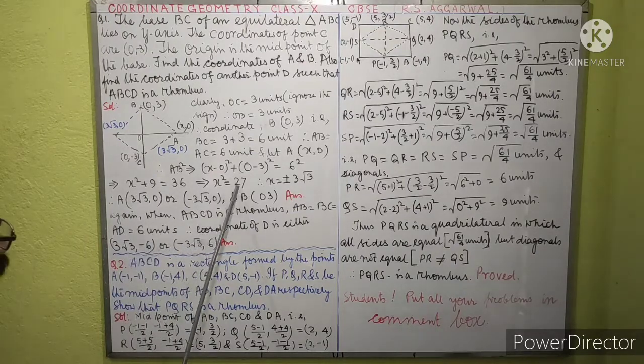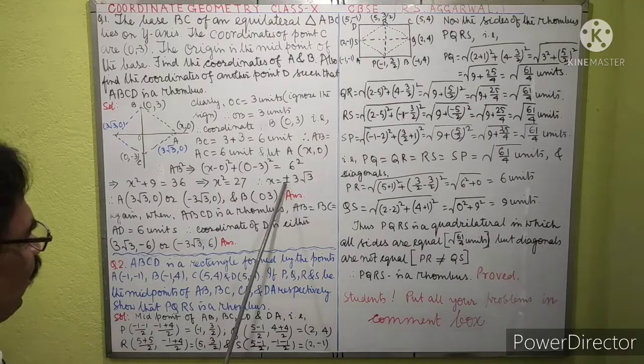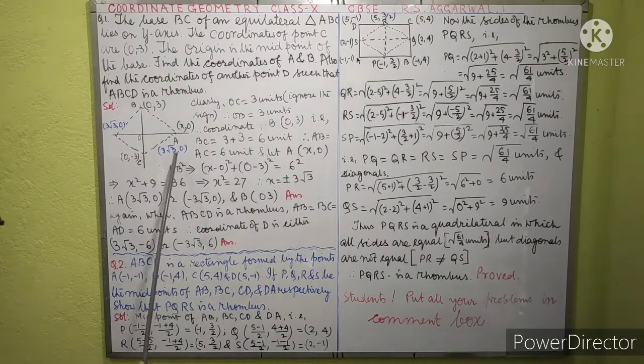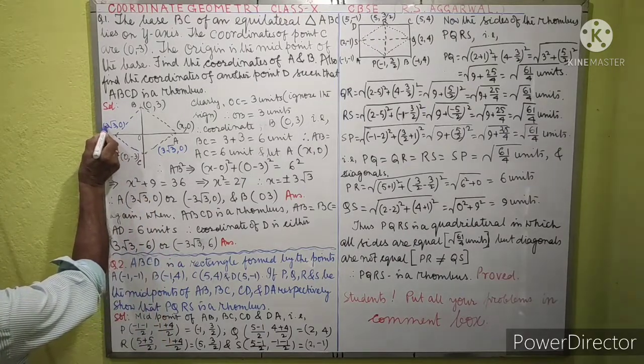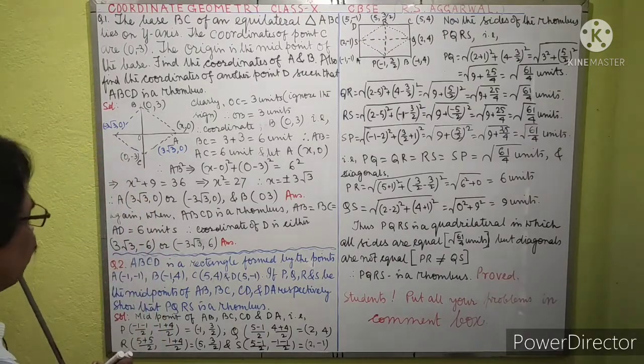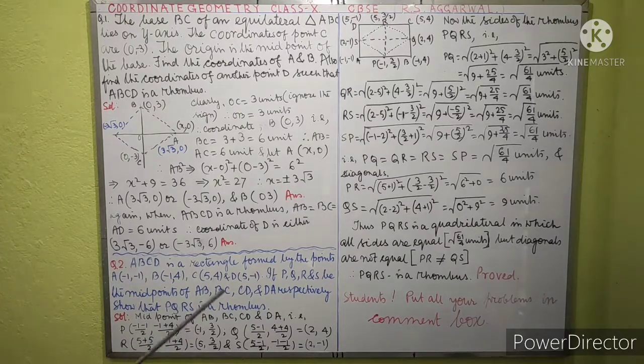That is x square equals 27. Therefore x equals plus minus 3 root 3. So the point A may be here or there. When it is on the positive side, it is 3 root 3, 0, and when it is on the negative side, it will be minus 3 root 3, 0.